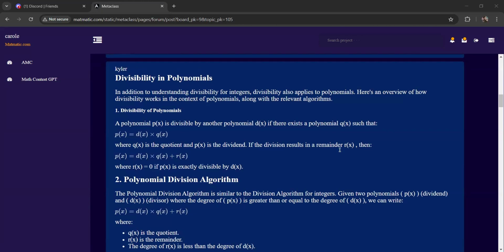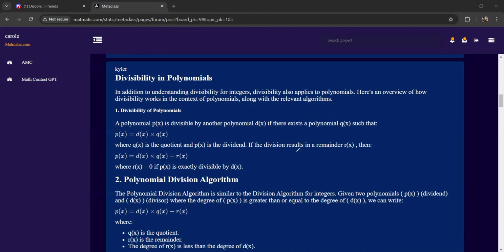So essentially, a polynomial is divisible by another if there exists a unique polynomial such that p(x), the first polynomial, is equal to d(x) times q(x).